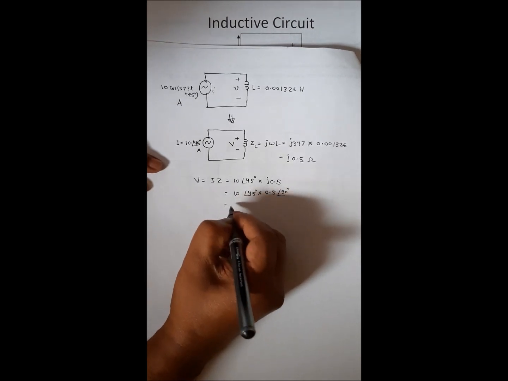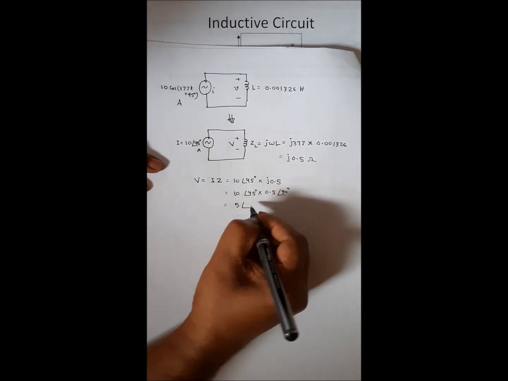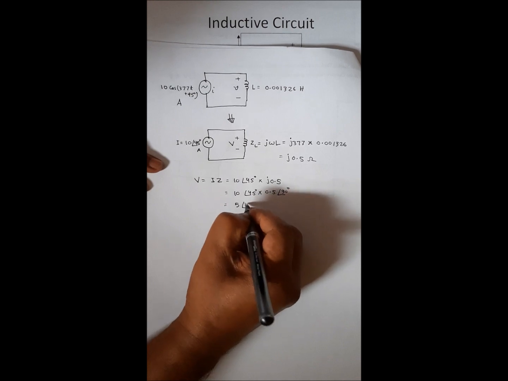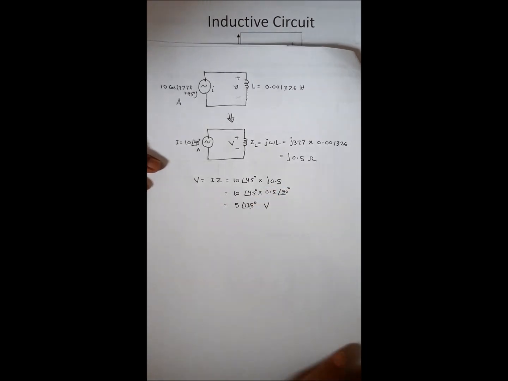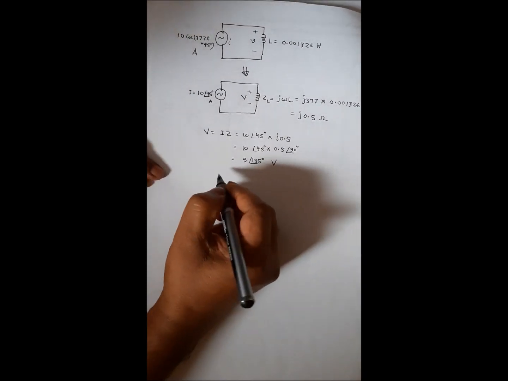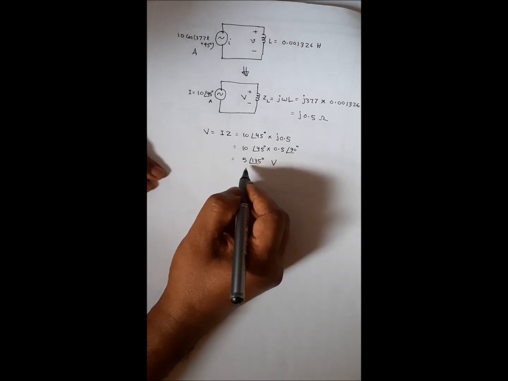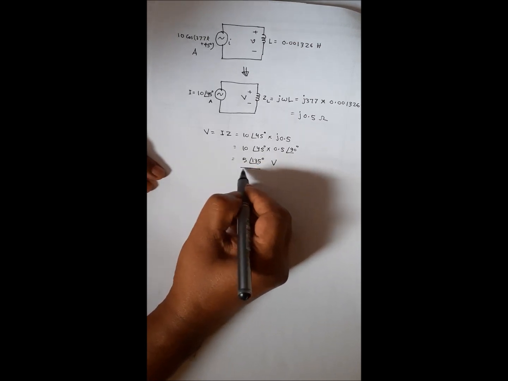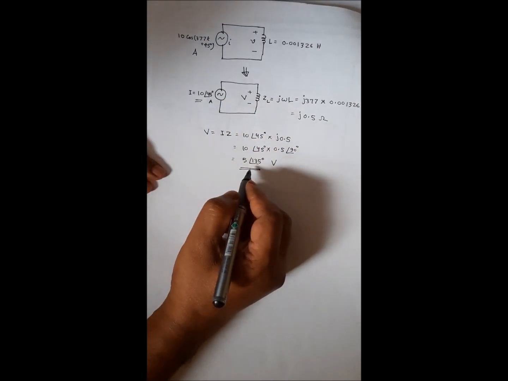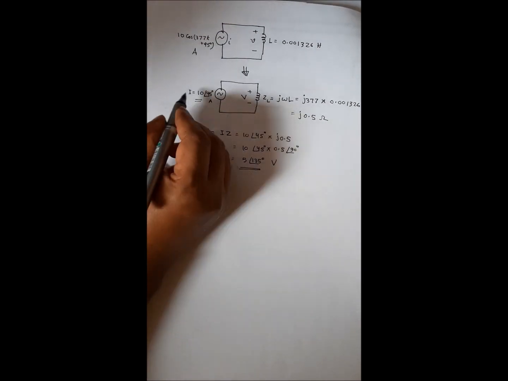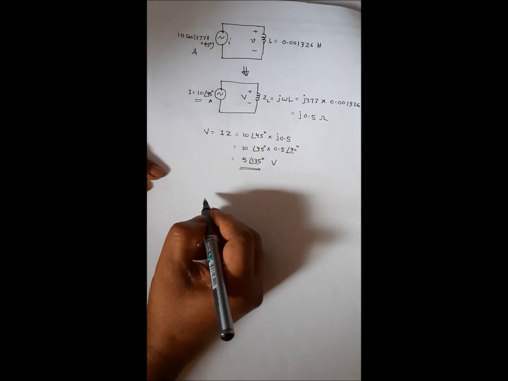So that will be 5 angle 135 degrees. This is in volts. Now if you want to draw the phasor diagram, it shows the relation between voltage and current. You see the voltage here is this and current is this. The voltage is 135, current is 10 at this angle.